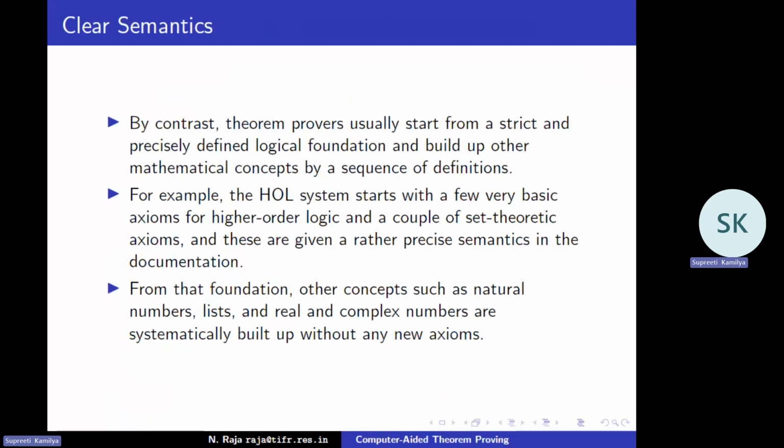It starts with very few basic axioms for higher order logic and a couple of notions from set theory, and these are all given a very precise semantics in the development of HOL. From this foundation, everything else is built up. Natural numbers, lists, real numbers, complex numbers are all built up without any new axioms.